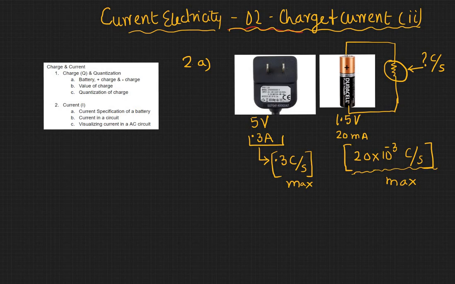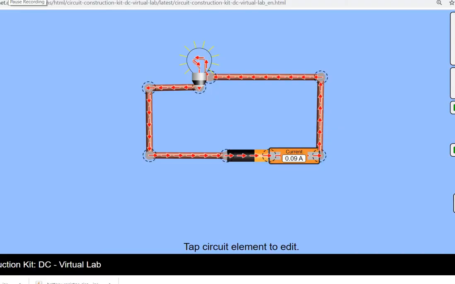Now let's look into the current in a circuit. Here is a small circuit wherein we have a battery connected to a device called an ammeter, and this ammeter measures how many coulombs are passing every second, which here reads 0.09 amperes. It implies that 0.09 coulombs are passing through every second.